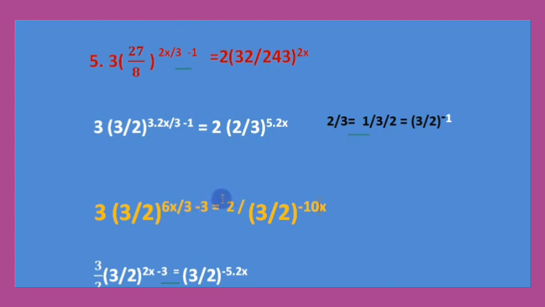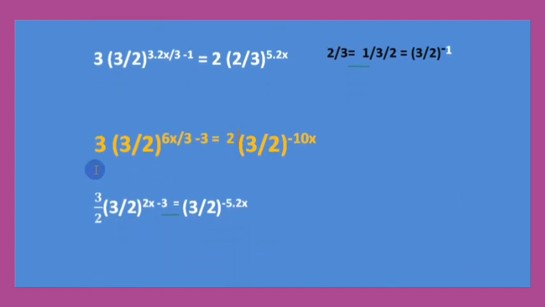Again, there is one thing left. Here we have 2, okay? There is 2 here, 2 times this number, and again there is 3 here. So we have to bring 2 to the left side by dividing both sides by 2. So it would be 3 over 2 times this expression.